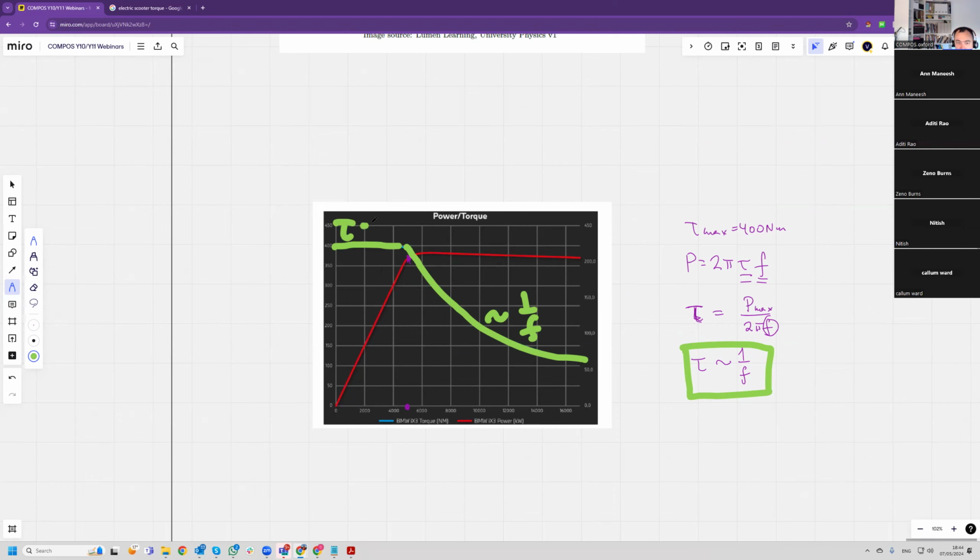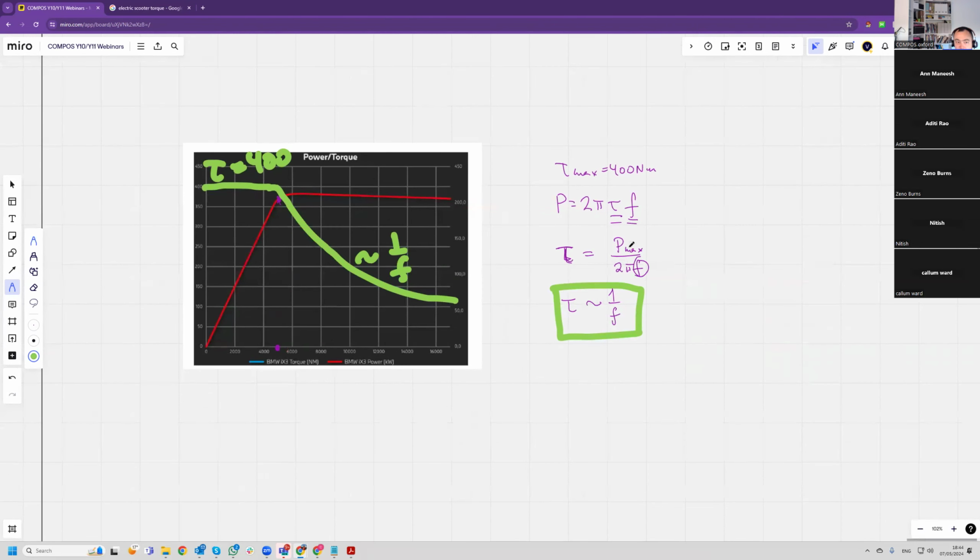So at first tau is 400, but then power linearly increases with f up to some point.